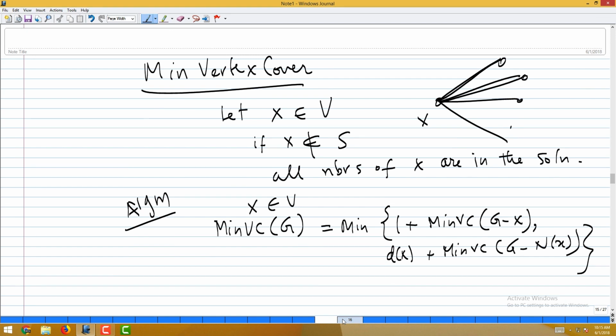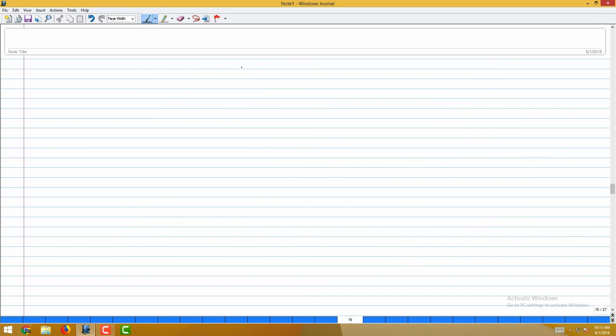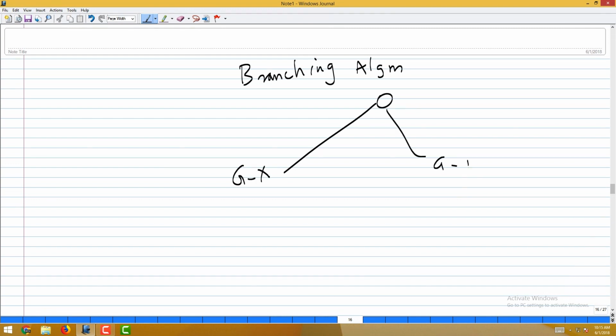In the other branch, take all the neighbors and recursively find the minimum vertex cover of the remaining graph. So, my branching algorithm starts here, and in one branch I will have g minus x, in the other g minus the neighborhood of x. So, 2 subproblems of smaller size.